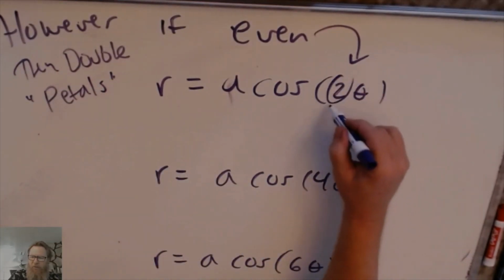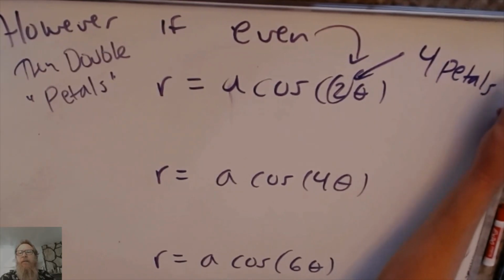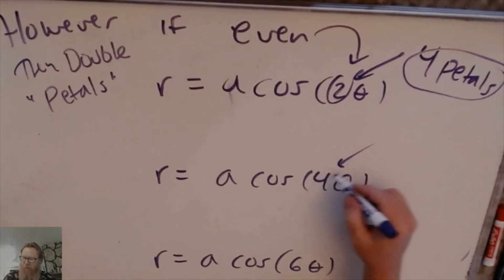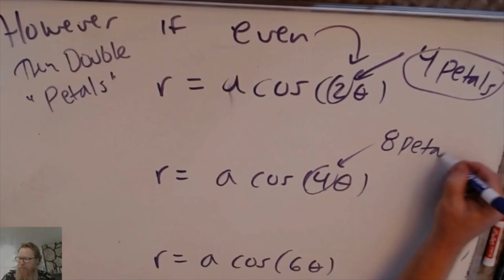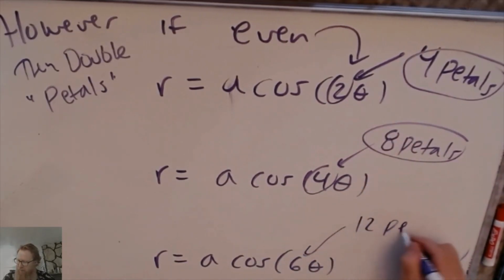So 2 would become 4 petals. 4 would become 8 petals. And 6 would be 12 petals.